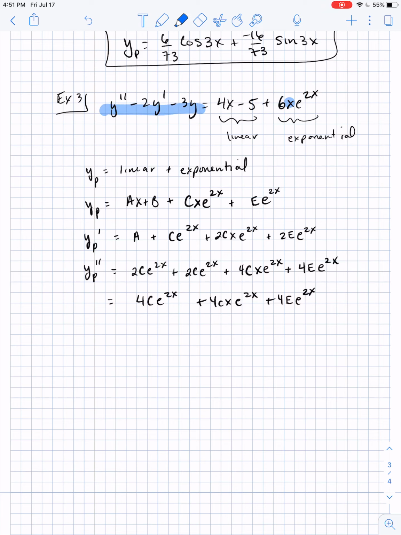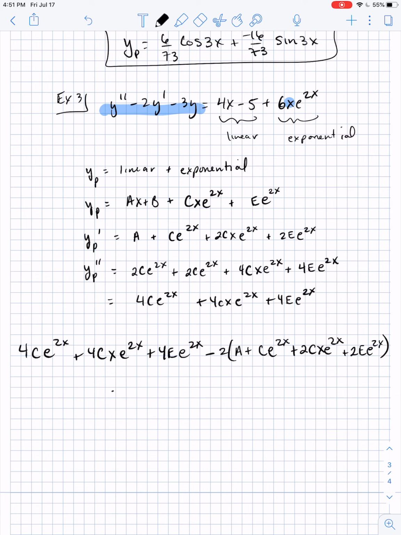Plugging this in, we have 4c e to the 2x plus 4cx e to the 2x plus 4 capital E e to the 2x, minus 2 times this whole thing, and then minus 3 times y sub p.